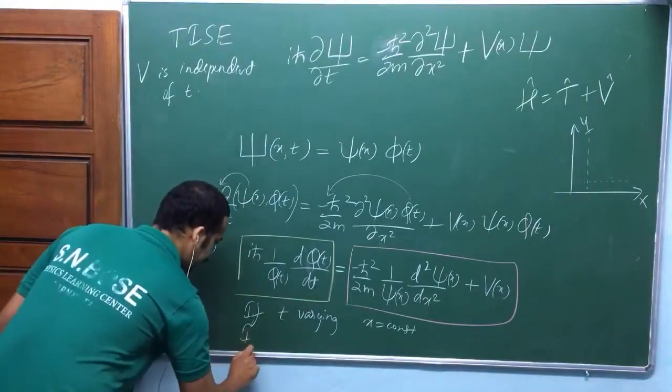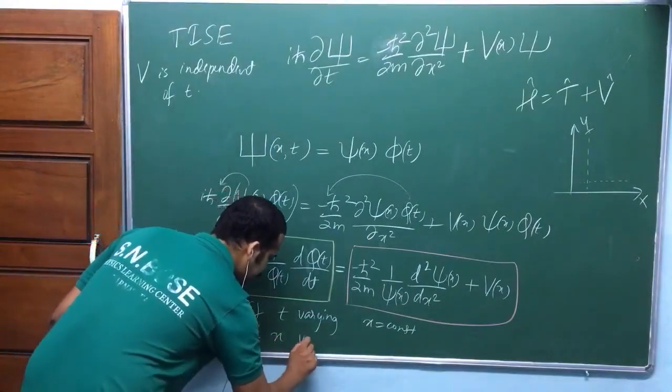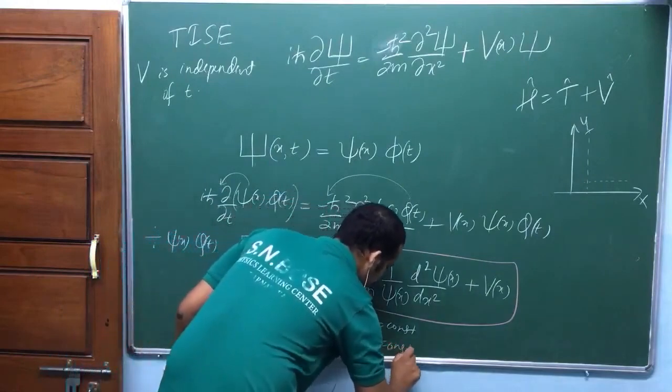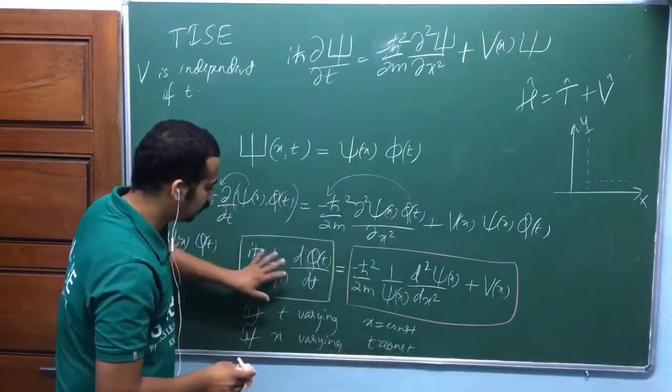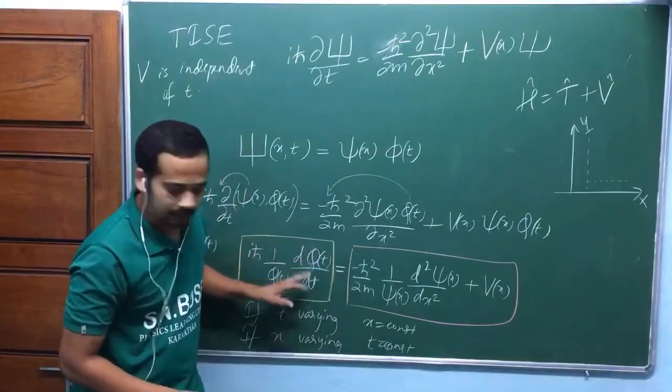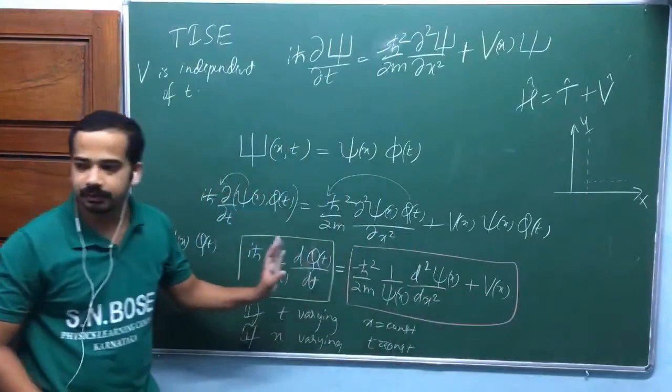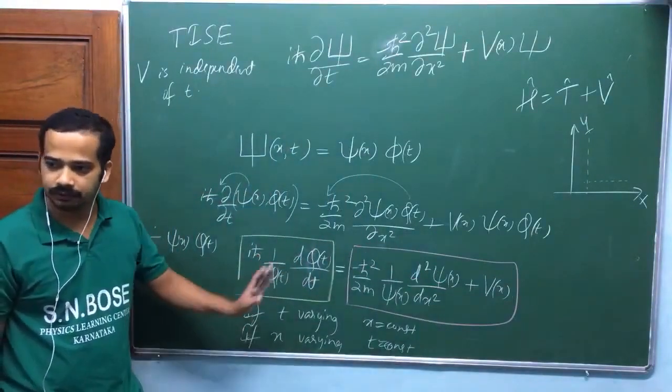So similarly, if x is varying and t is equal to constant, then what will happen? If t is equal to constant, this part is constant. If x varies, if this whole part is changing as x varies, then equality will become inequality. Equality will not hold, isn't it?